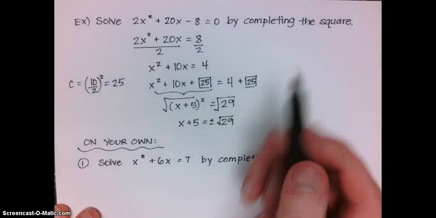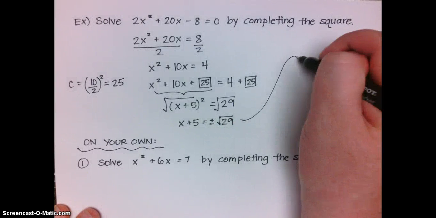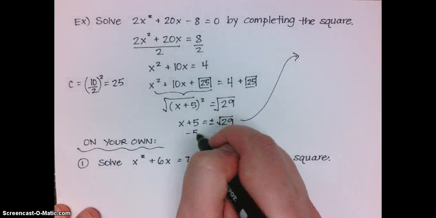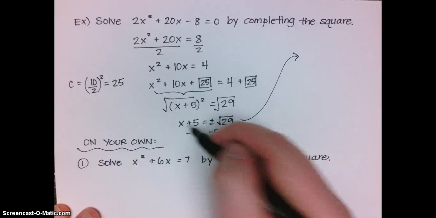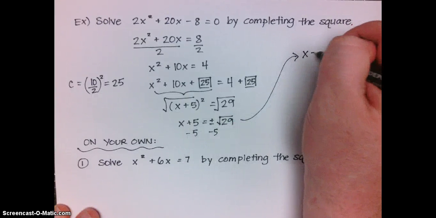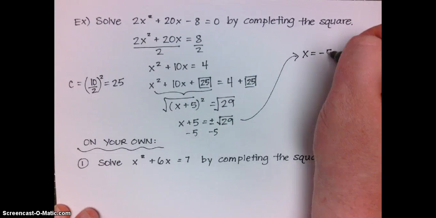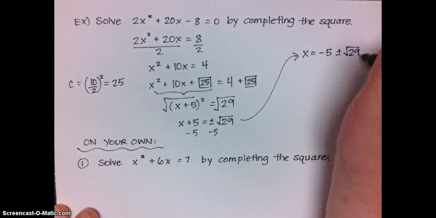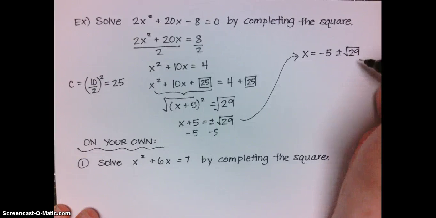Let's do one more thing. If I subtract 5 on both sides so that I have the x by itself, I'm going to find negative 5 plus or minus the square root of 29. And again, we're going to round that to the nearest hundredth.